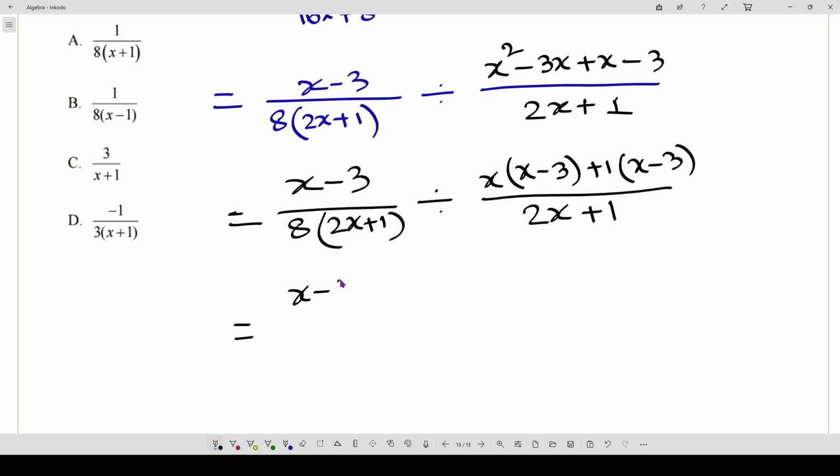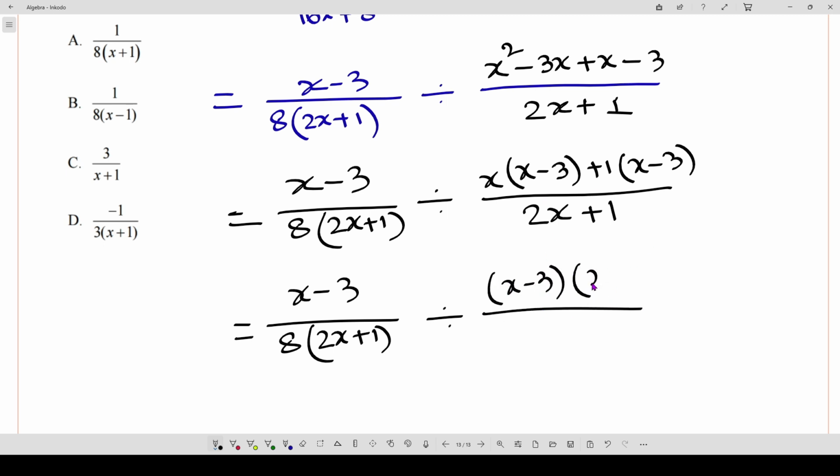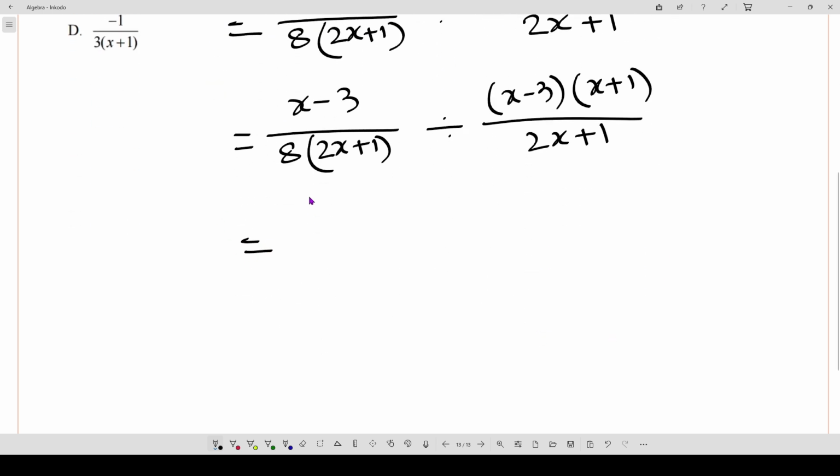Now x minus 3 over 8 times 2x plus 1, divided. We can take common x minus 3, so here will be x plus 1 divided by 2x plus 1. Now x minus 3 divided by 8 times 2x plus 1. Now here is a division sign.